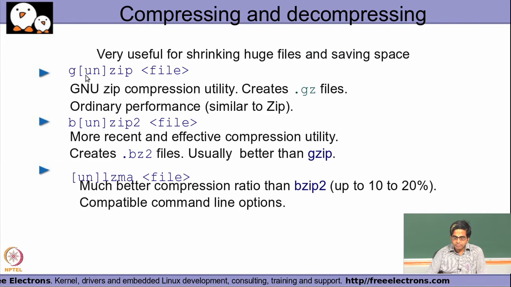So, in this case, if you run the man command for gzip, you find gunzip with 1 in brackets here. What it essentially means is gzip is the command to compress and gunzip, a single word without any spaces, is the command that you will use to uncompress or decompress, right. So, you have gzip followed by the file name; it will take the file, read the file and do the compression, create the .gz file and remove the original file if it is able to successfully create the .gz file, right.